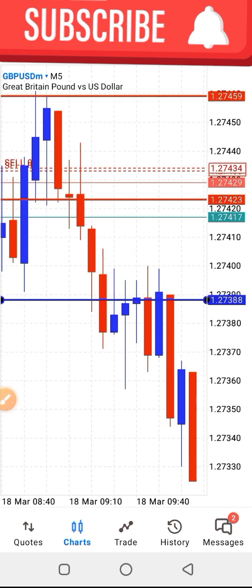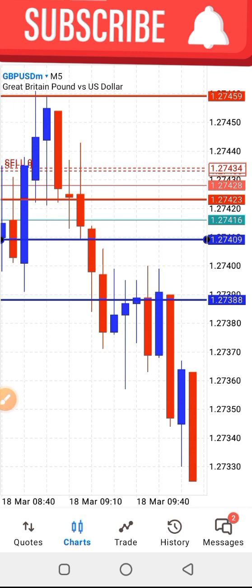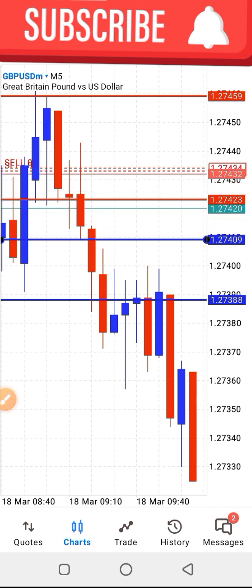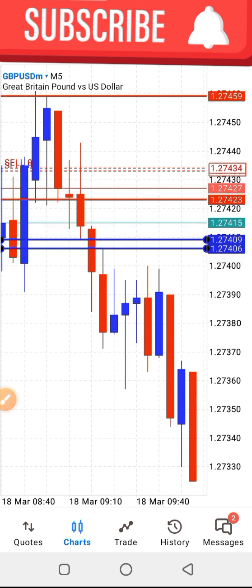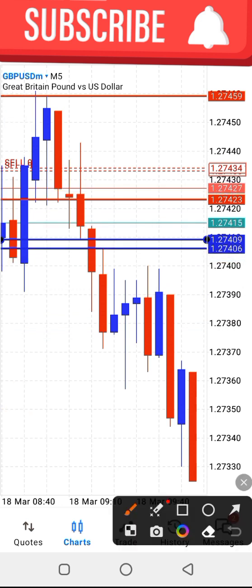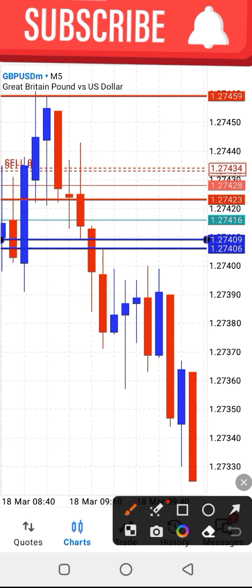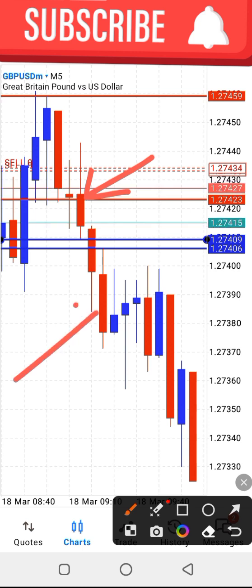Let me copy this horizontal line. Now where are the candles? This is the first candle, and you can see that the wick does not intersect. There's a small gap in between. So you have these three candles: candle number one, and candle number three.